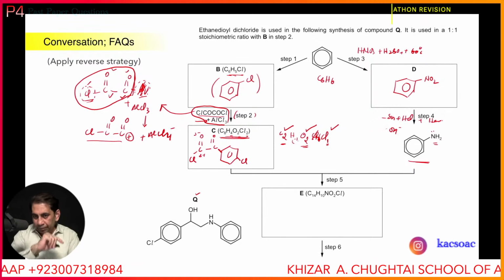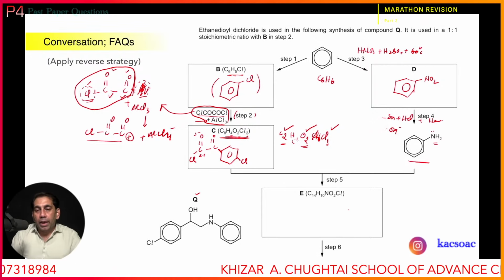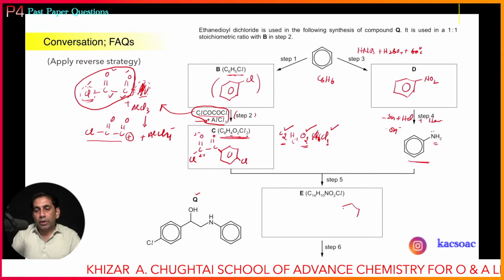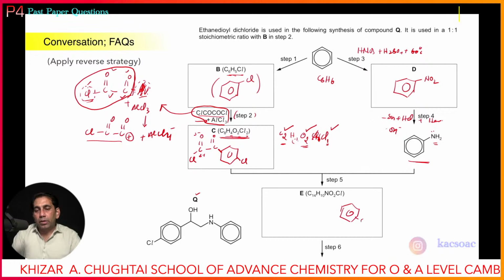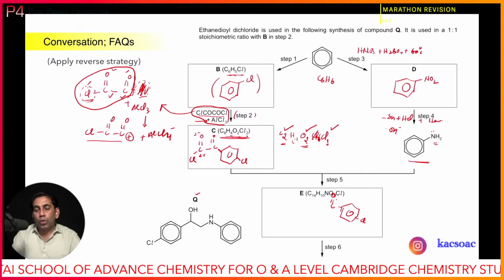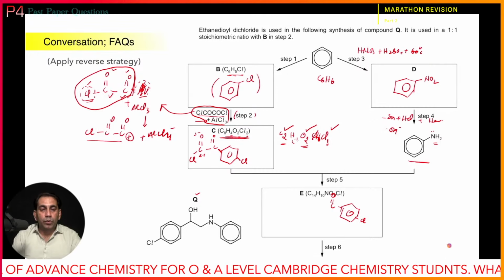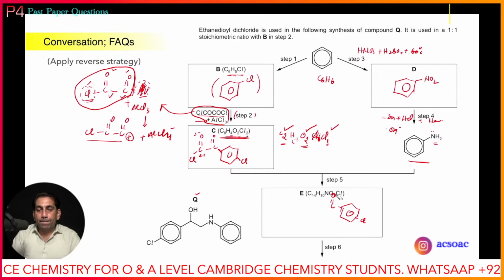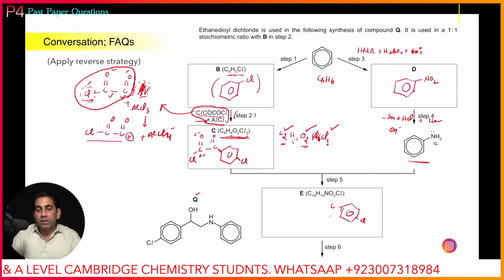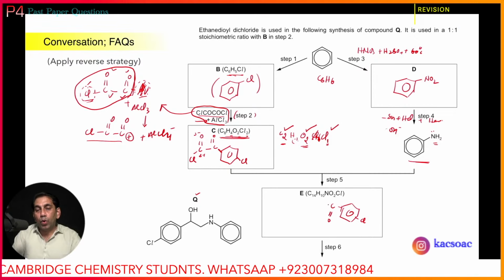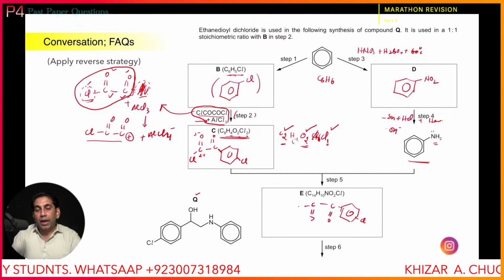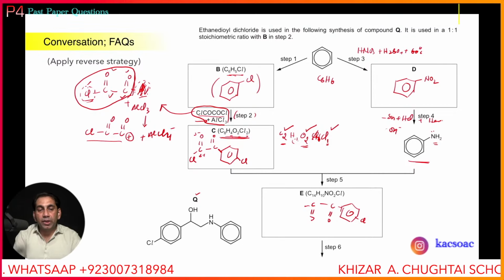So first of all, I'm going to make it over here, and I'm trying to write the previous one. This is the older one, you can say, C double bond O. Again C double bond O, and here was Cl initially.